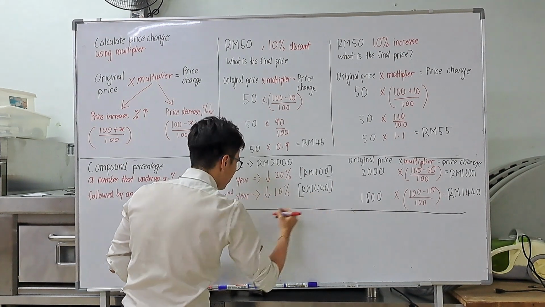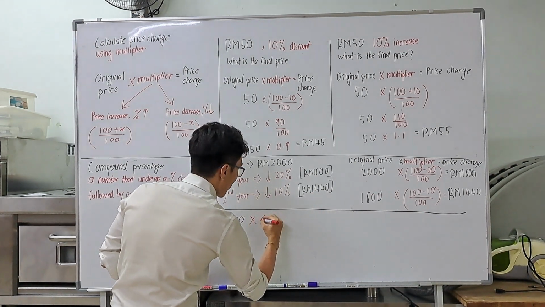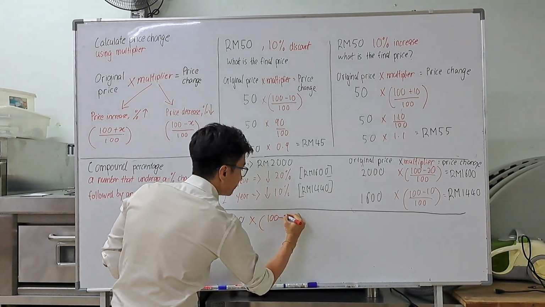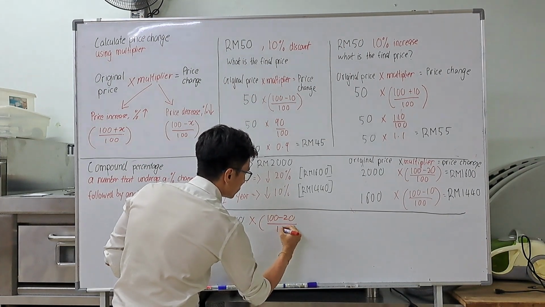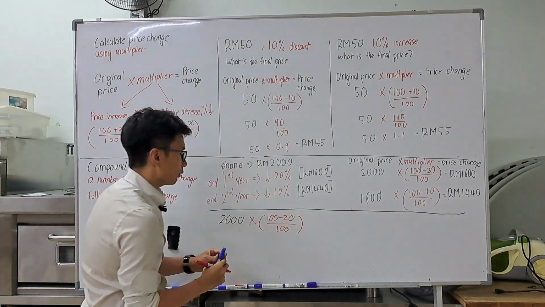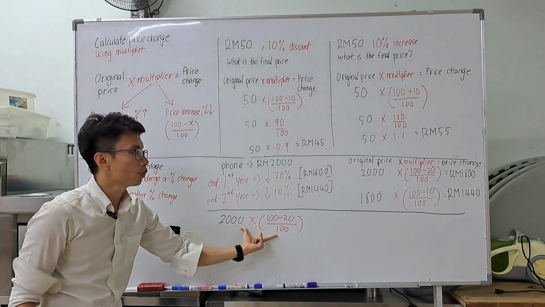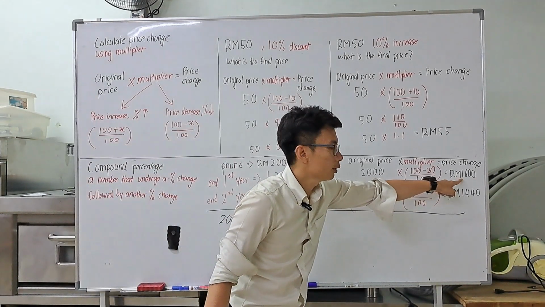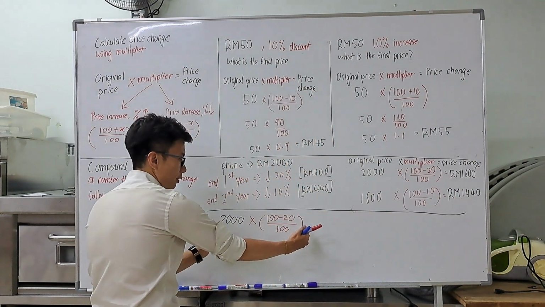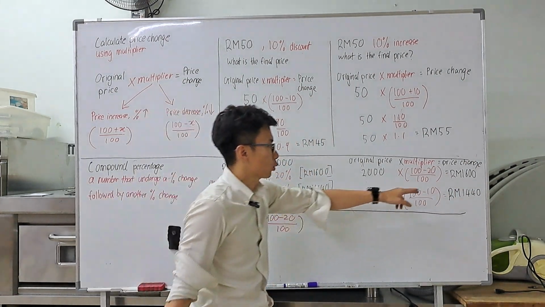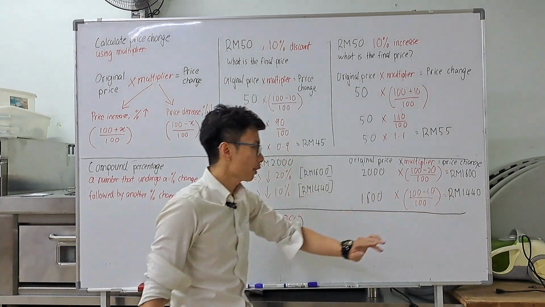I'm going to write this down. Now, if you calculate all these things with your calculator, what do you get? You will get this one, correct or not? So this whole thing here is 1600.